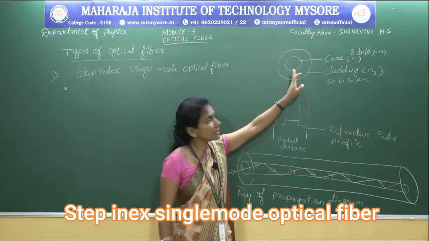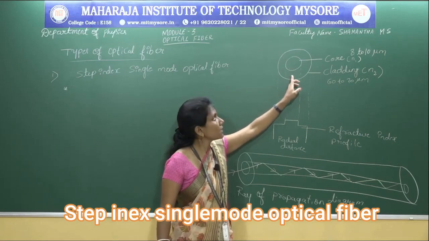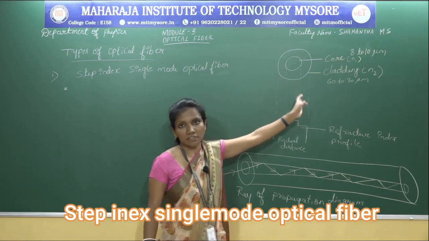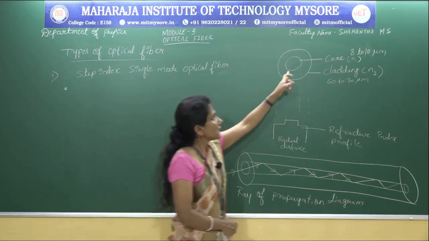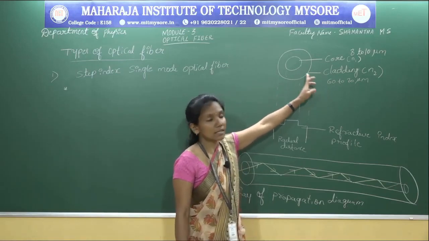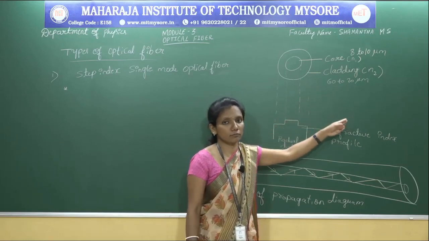The core has refractive index n1 and the cladding has refractive index n2. The core diameter is 8 to 10 micrometer and the cladding diameter is 60 to 70 micrometer.